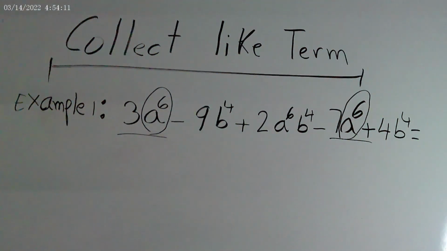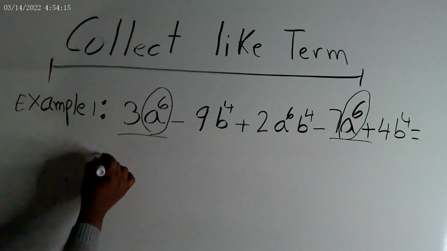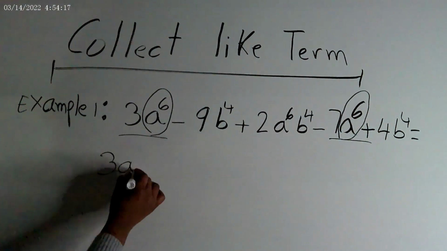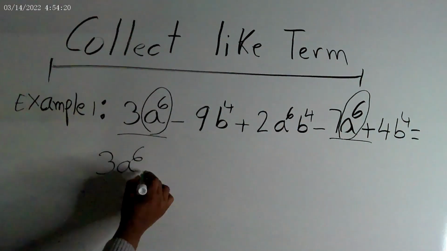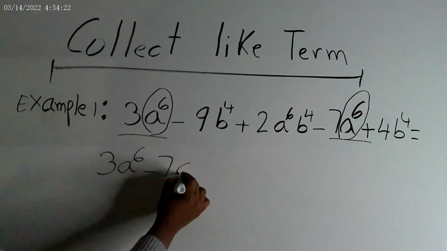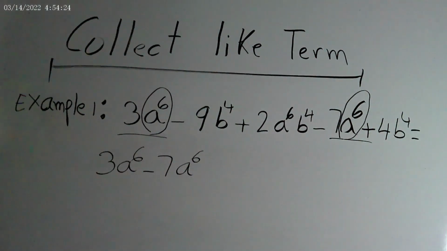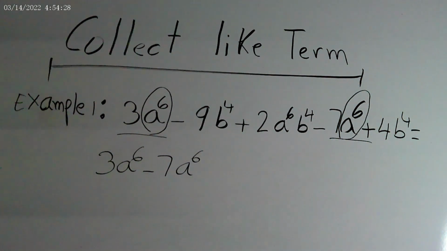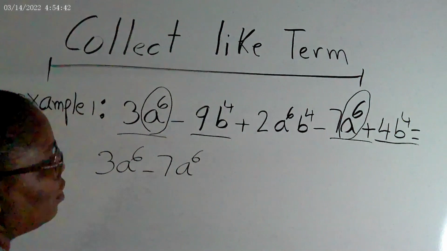So you're going to collect those two terms: 3a to the 6 minus 7a to the 6. So now you're looking at which one has the same exponent. You have 9b to the 4th right here, and you have 4b to the 4th.